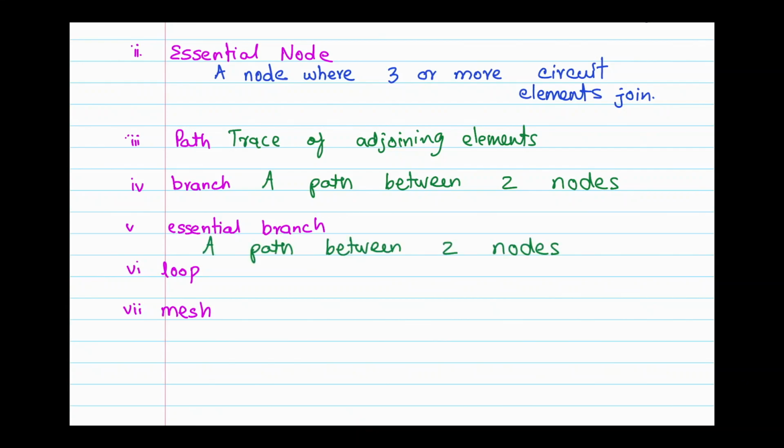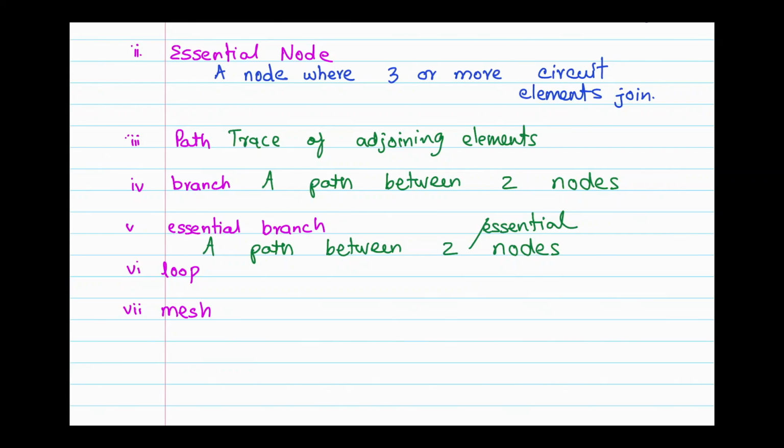It is a path that connects two essential nodes. Okay, it should connect two essential nodes, and it should not have another essential node in between. Okay, so an essential branch is a path between two adjoining essential nodes.